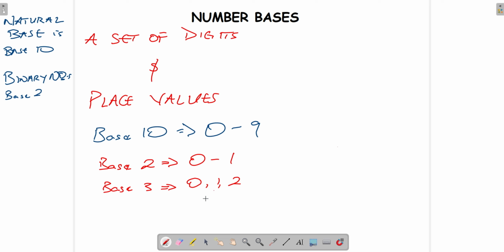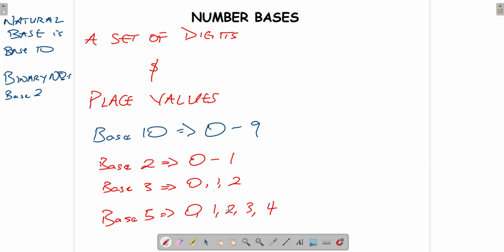If you have base 3, we can only use a set of 3 numbers, 0, 1, and 2. We have base 5, we've got 0, 1, 2, 3, 4. 5 cannot appear in base 5. Once you see 5, understand that's not base 5. And how many digits are here? 1, 2, 3, 4, and 5. All right? That's one of the first things we must take note of.